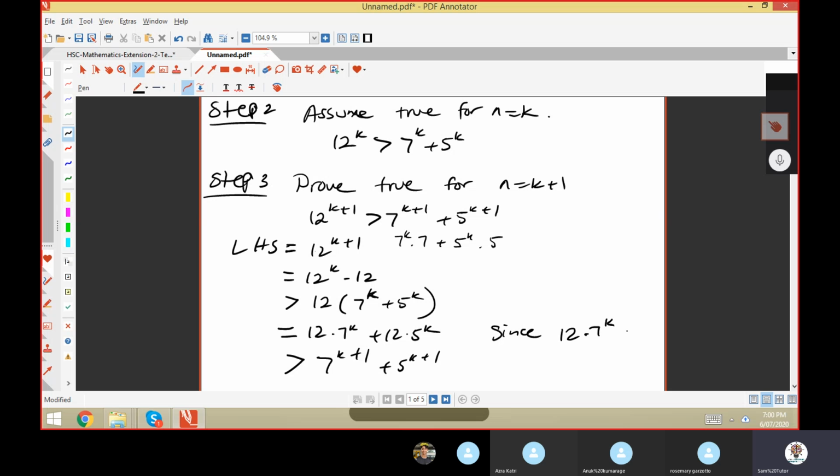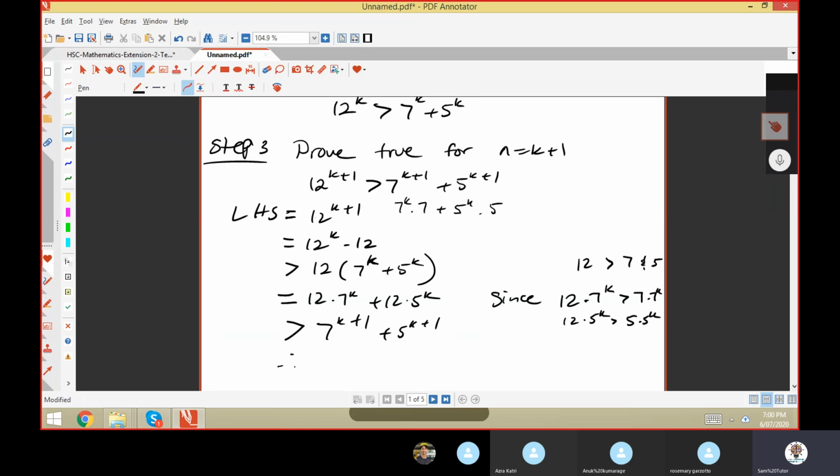You can say since 12 times 7 to the k is bigger than 7 times 7 to the k and 12 times 5 to the k is bigger than 5 times 5 to the k. You could even say since 12 is bigger than 7 and 5. Therefore, 12 to the k plus 1 is bigger than 7 to the k plus 1 plus 5 to the k plus 1. Okay.